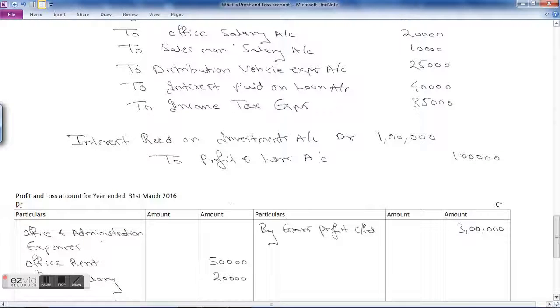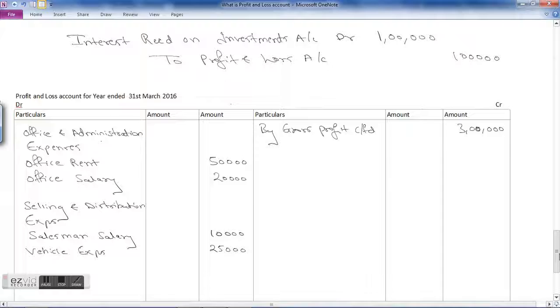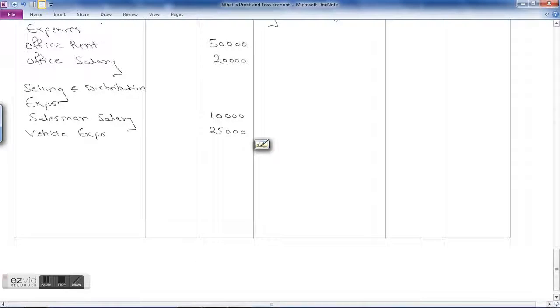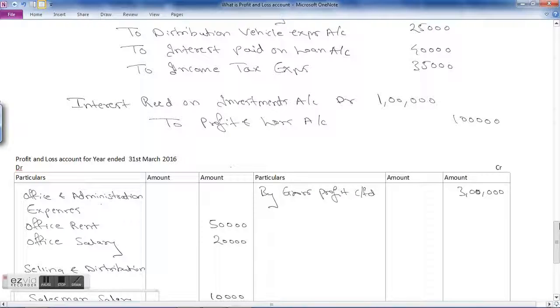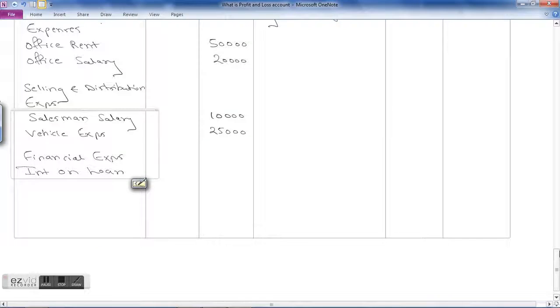Next one is interest paid on loan 40,000. So this is financial expenses, interest on loan. How much is that? 40,000.